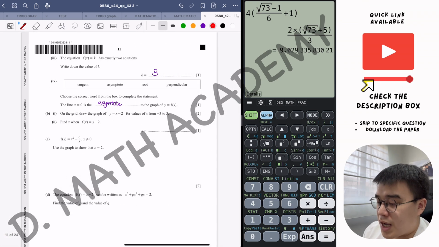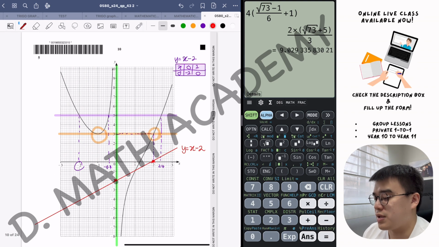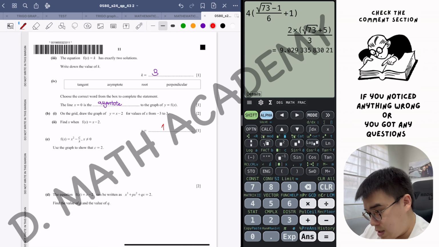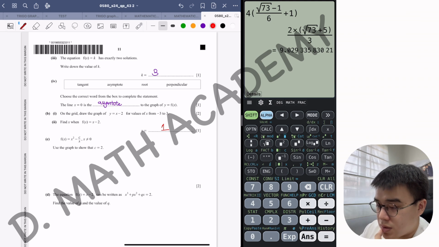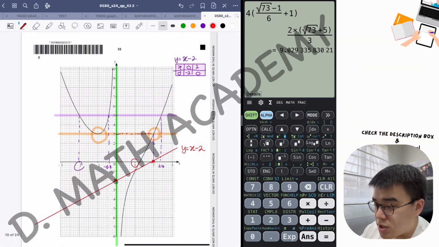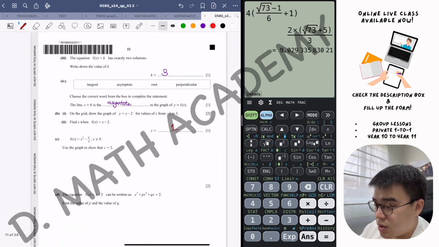So when they ask us to find f(x) equals x minus 2, basically the point of intersection, we will get the answer of 1. Next, use the graph to find c, where x squared minus cx, show that c equals 2. Did they mention anything about the original equation? No, they didn't.